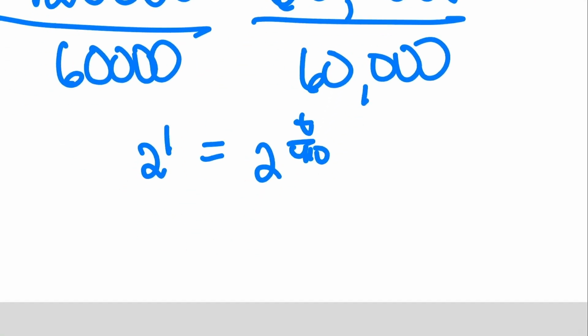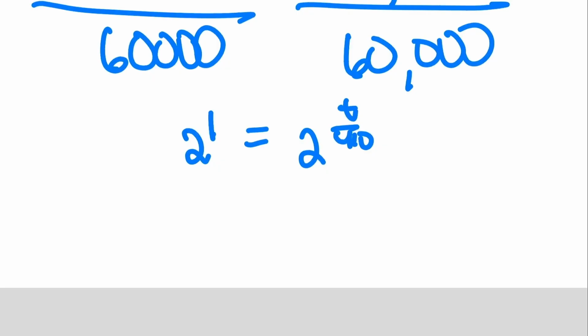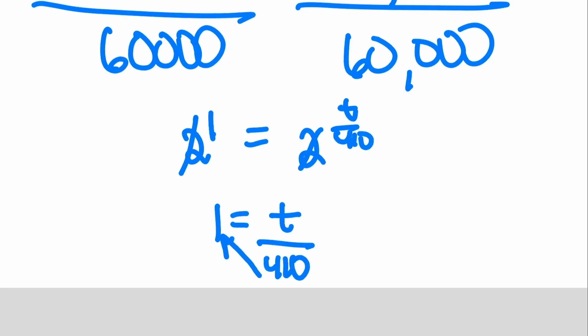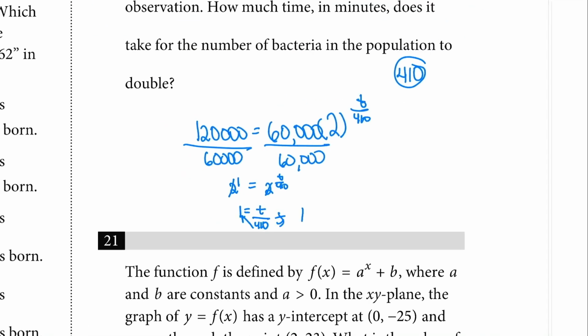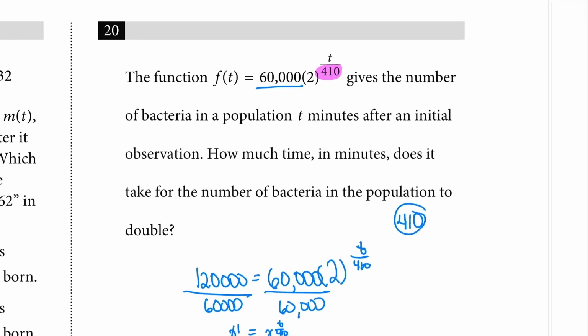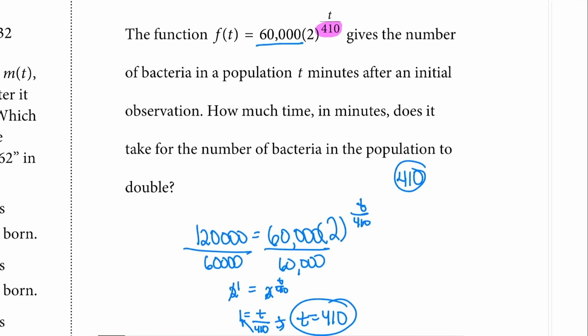Now, 2 to the first equals 2 to the t over 410. When we have the same bases, those will cancel. So 1 equals t over 410. And then you just multiply that over and you get a direct result of t equals 410. So either way, you can get it. But if you're familiar with the doubling formula, that's going to be the answer, 410 in the exponent.